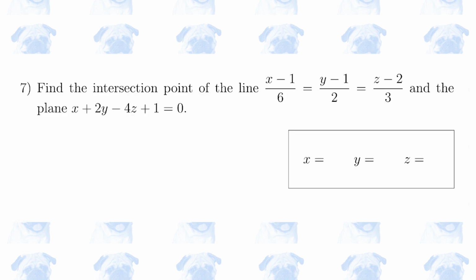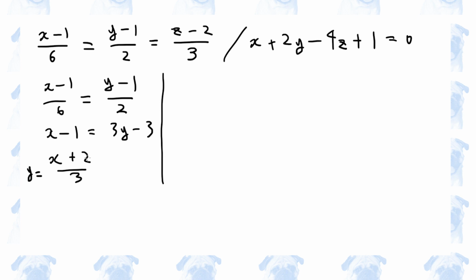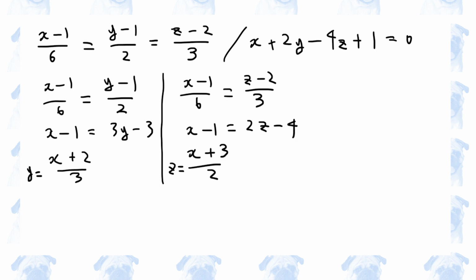Section 1, number 7. We have a plane in 3D, so let's try to express y and z in terms of x. So y is x plus 2 over 3, and z is x plus 3 over 2.